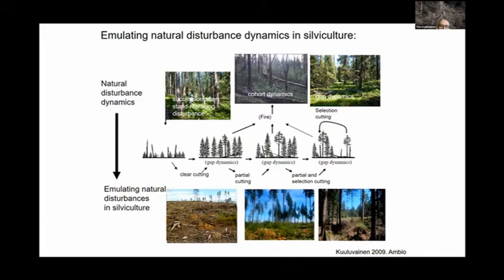So clear cutting with retention, we can emulate, for example, severe natural disturbances. Then we can do partial cuttings, patch cuttings to emulate the kind of cohort dynamics we can find in the natural forest. And finally, gap dynamics can be emulated by gap cuttings.